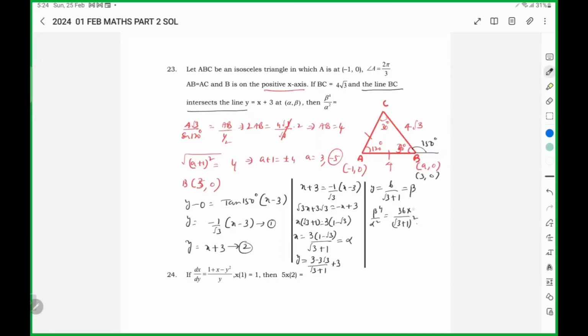Again squaring, 36 by (√3 plus 1) whole square by alpha square. Alpha square is 9 into (1 minus √3) whole square by (√3 plus 1) whole square. These get cancelled. Here it is 144 by, so (√3 plus 1) into (√3 minus 1), 3 minus 1, that is 4. Get 36.